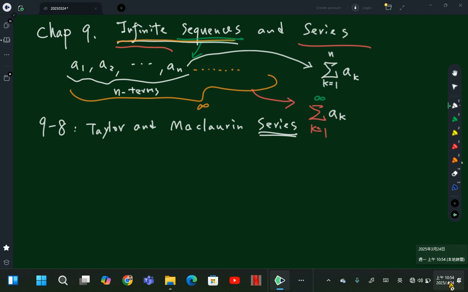But before that, we also need to learn one thing: what is a power series. So I need to define the power series, and its coefficient, and its center.